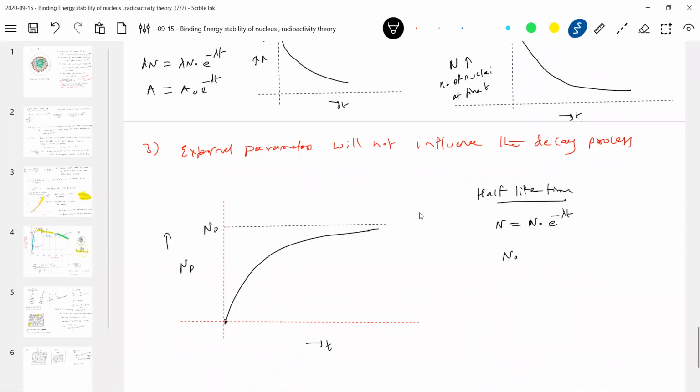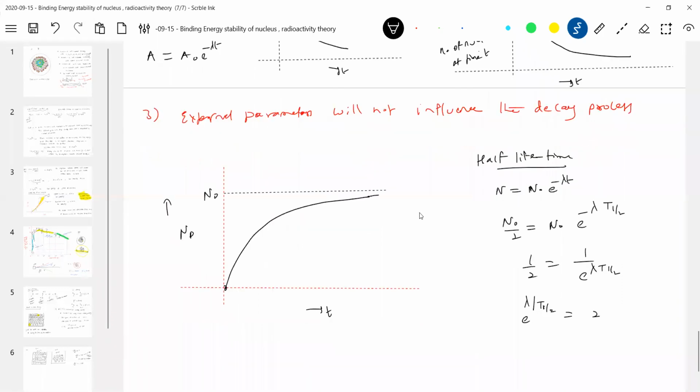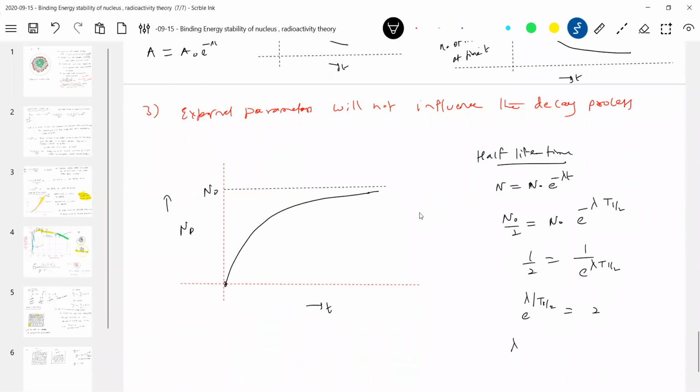After what time will it become N naught by 2? I'll call that T half. So this becomes 1 by 2, which gives e to the power of lambda T half equal to 2. Taking log on both sides, it will be log 2.